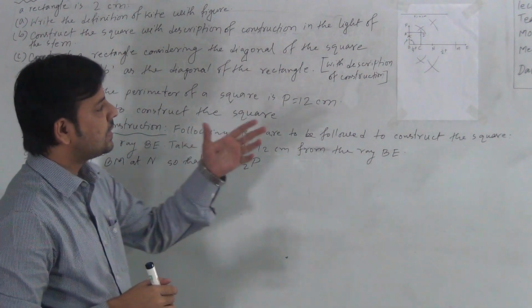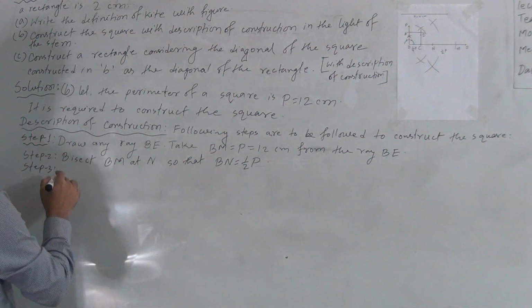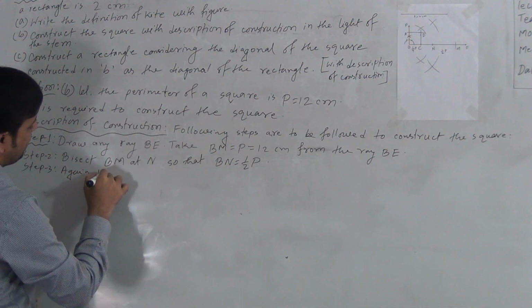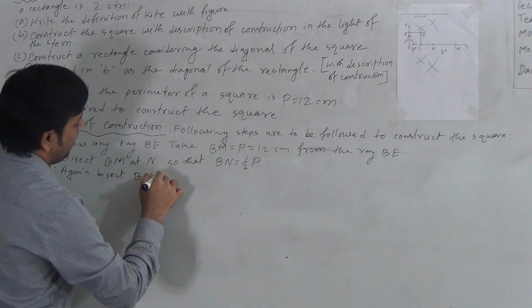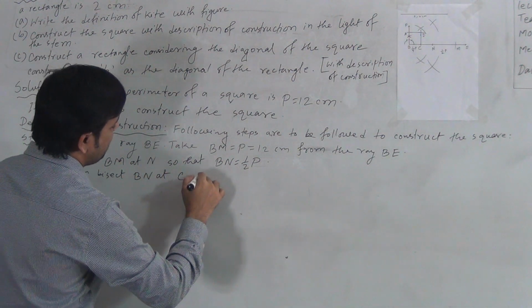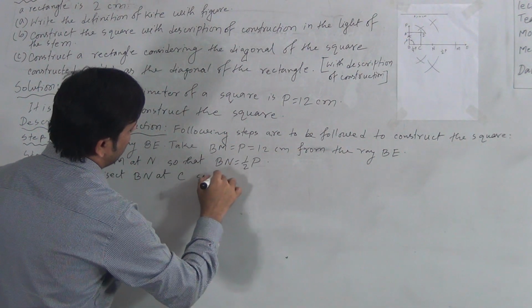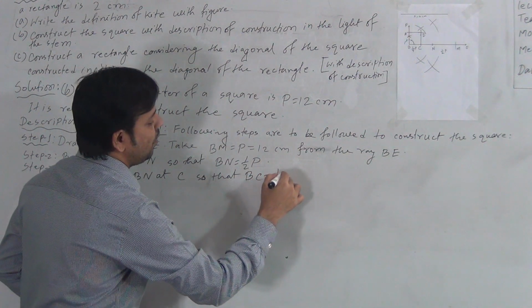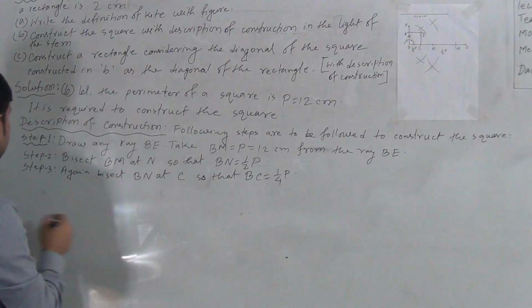Again we have bisected BN at C. So we have to write bisect BN at C so that BC equal to 1/4 part of P.